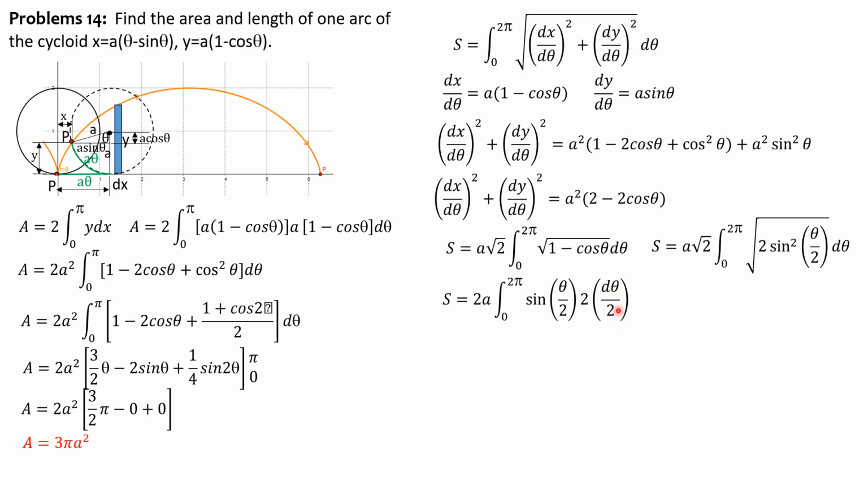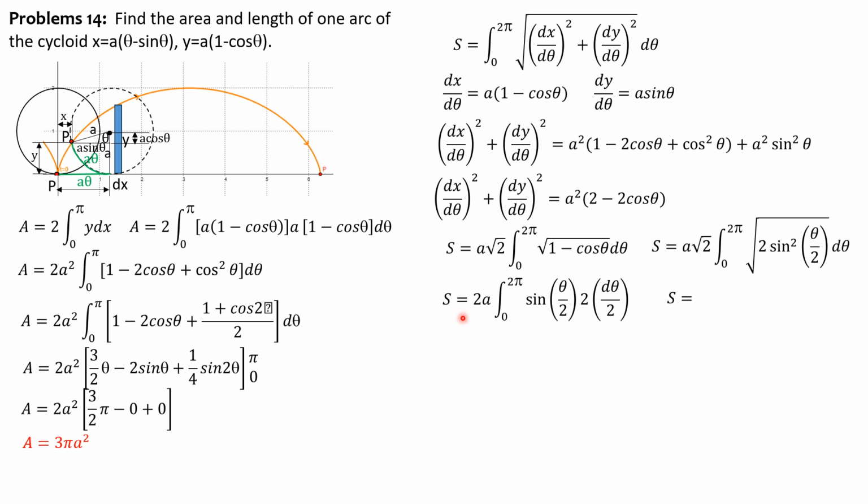I divide d theta here by 2 and I also multiply by 2 to make it 1. Then 2 times 2a is 4a. The purpose of this is so that the remaining integral is the integral of sine u du, which can be applied by the power formula, and the integral is negative cosine theta over 2.